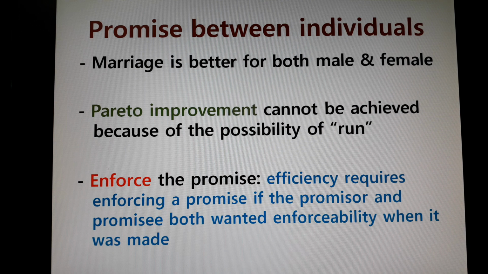The female does not trust the male, but the female trusts the government system so that the male cannot run away. If he runs away, the government catches the husband and returns him, and somehow the husband's income would come to the female so that the family would be supported.